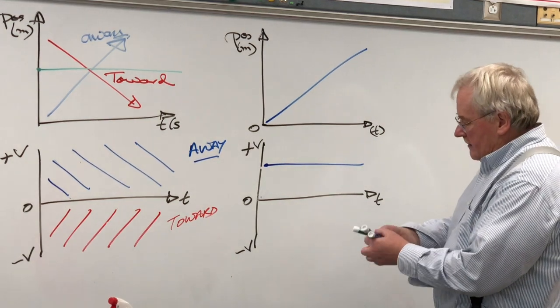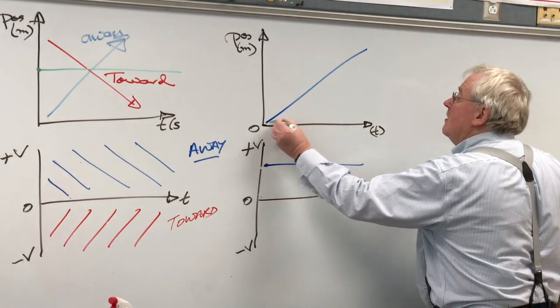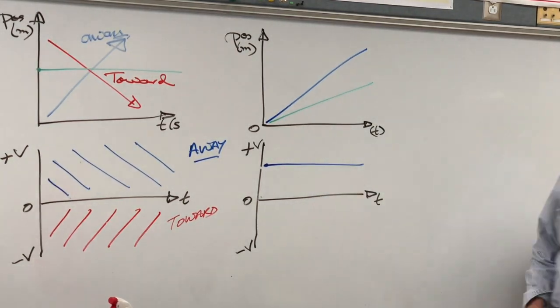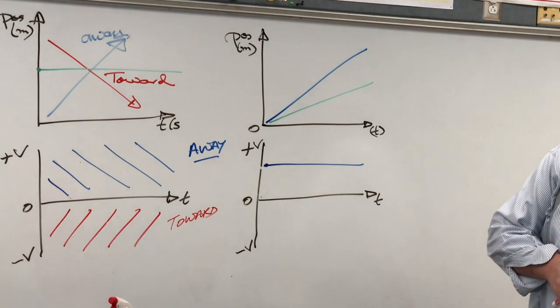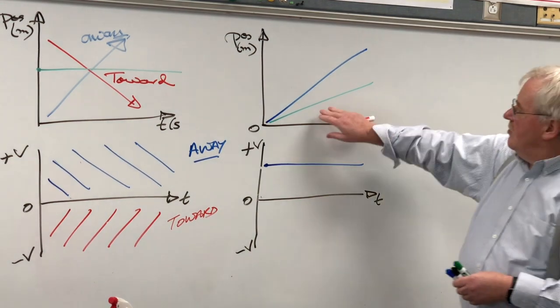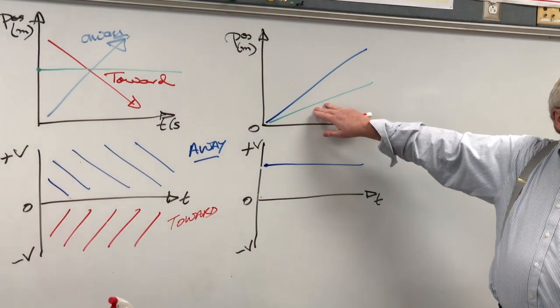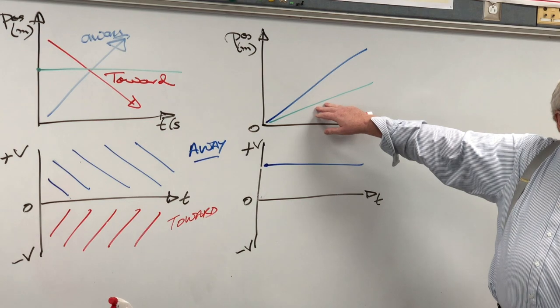If we had a slope which was not so steep, what can you now tell me about the motion of this object? Julia. Oh, that one's slow. It's slower than the other one, yeah. What else can you tell me? It's moving away. Yes, and what else?